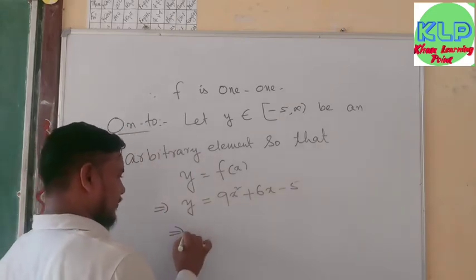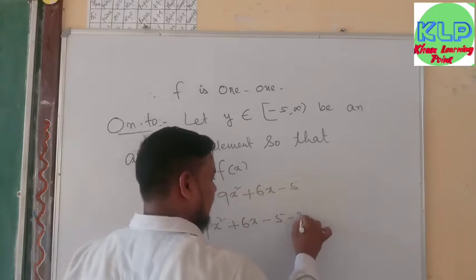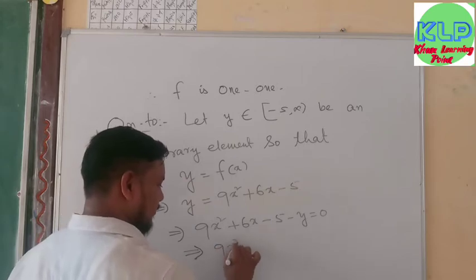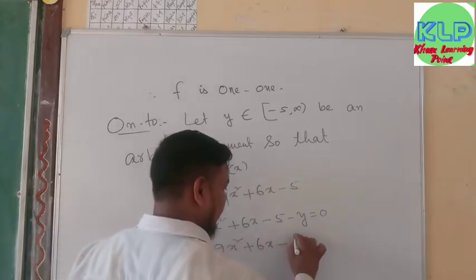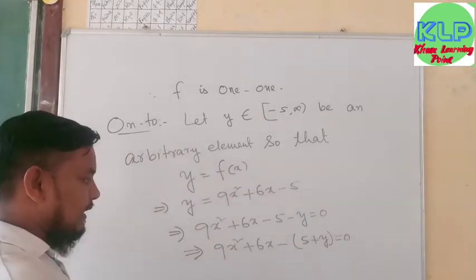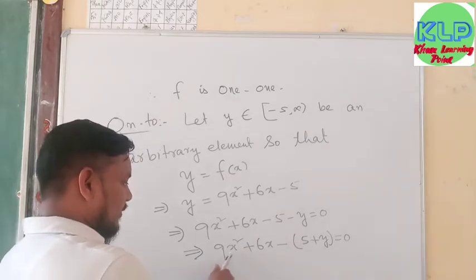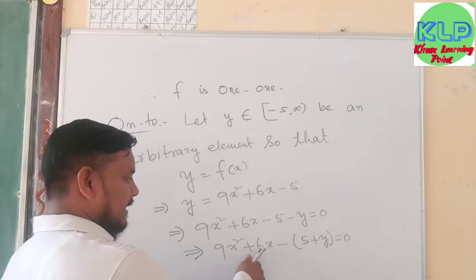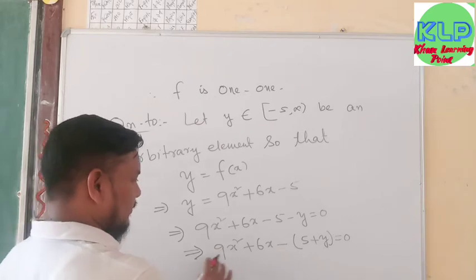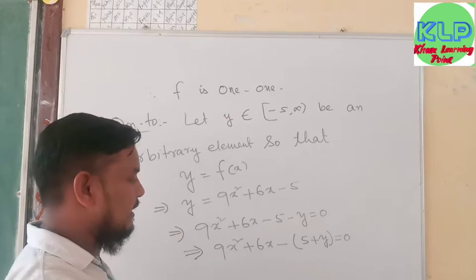Okay, or we can write 9x square plus 6x minus 5 minus y equal to 0, that is 9x square plus 6x minus 5 plus y equal to 0. You see, it is a quadratic equation. Here coefficient of x square is 9, coefficient of x is 6, and the constant term is minus 5 plus y. Okay, so from this quadratic equation we need to find the value of x in terms of y.